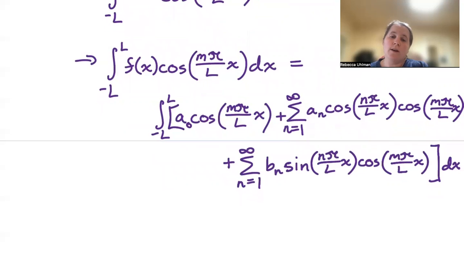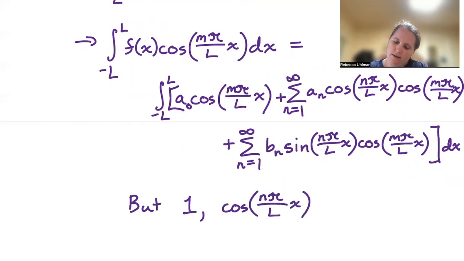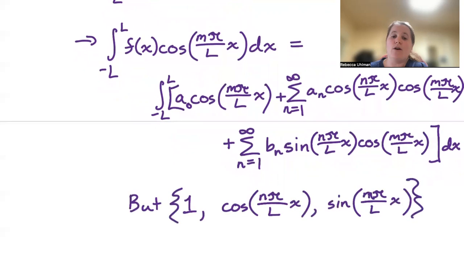Again, 1, cosine n pi over L x and sine m pi over L x are all orthogonal. But 1, cosine of n pi over L x and sine of n pi over L x, or sine of m pi over L x, this whole set, these are all orthogonal.